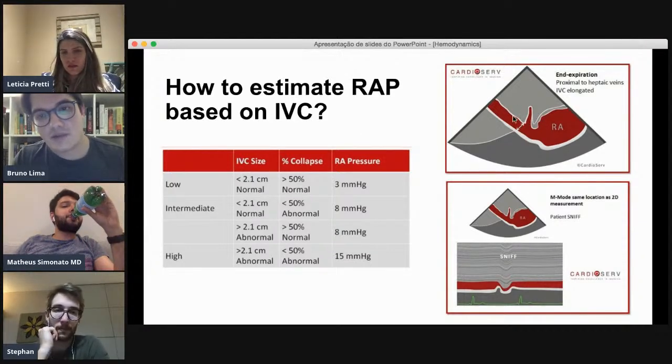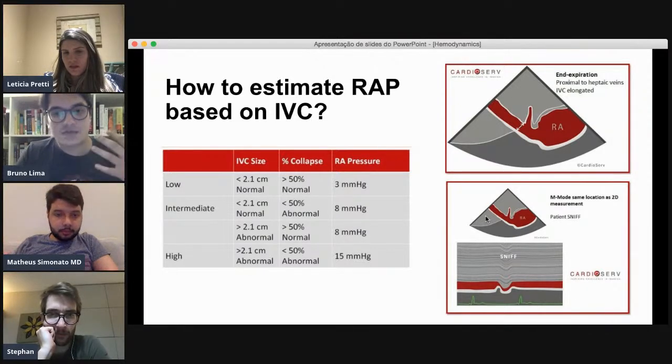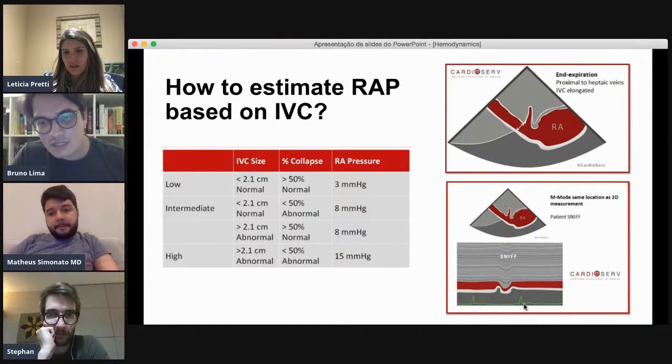If it's greater than 2.1 centimeters, you're also going to see if it collapses with inspiration. Just ask the patient to sniff. You ask the patient literally, can you sniff? And the patient sniffs, and you see whether there's collapsibility. So this patient might need some fluids if he's hypotensive.